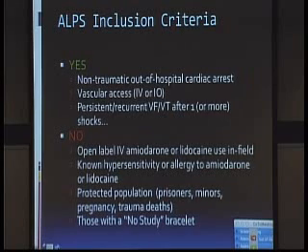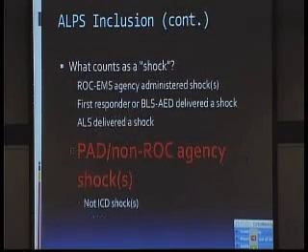The exclusion criteria: if they got open label amiodarone or lidocaine, so say it's the person that you were treating for a stable VTAC with a pulse, got amiodarone, that person cannot then be enrolled into this study. Also excluded: known hypersensitivity or allergy, protected populations, so prisoners, minors, pregnancies, obviously trauma, and patients who have a no study bracelet.